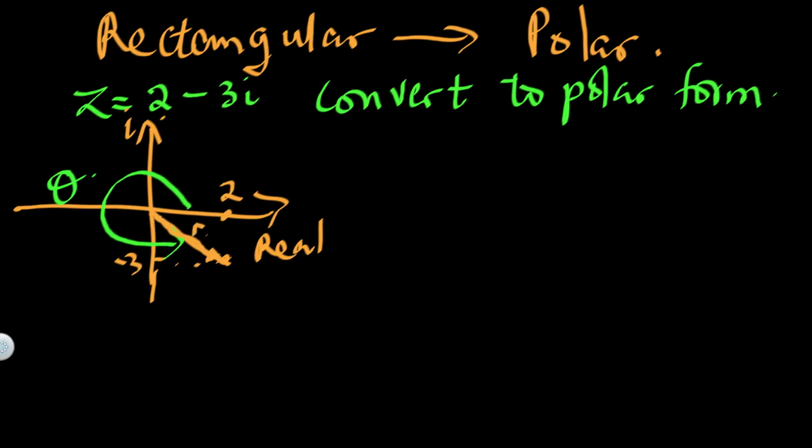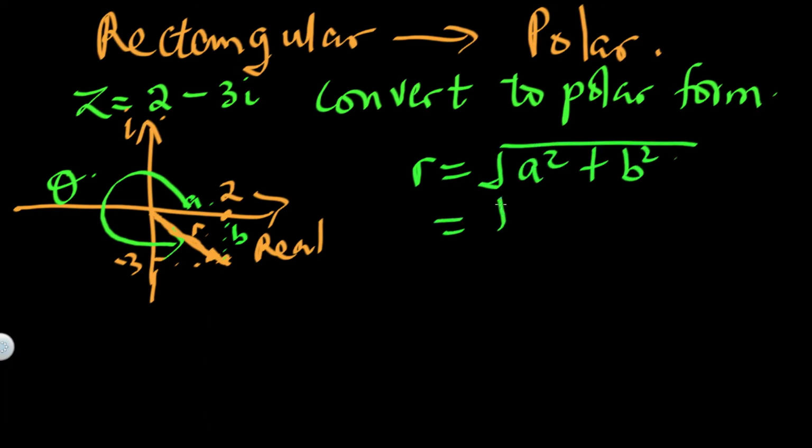We find R by applying Pythagoras' theorem, because this is a right angled triangle with R being the hypotenuse, and our B and our A being the other two sides. So the modulus R is the root of A squared plus B squared.